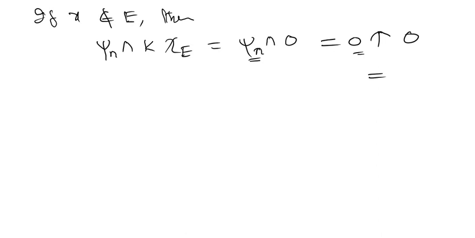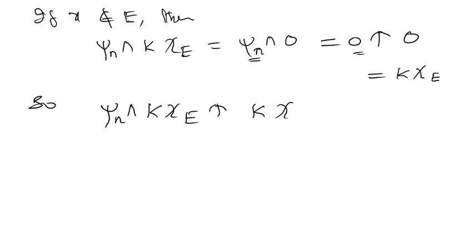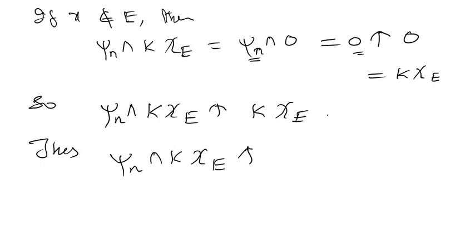And this 0 is the same as k times chi E because chi E is 0 here, x is not in E. So psi n meet k times chi E increases to k times chi E. Thus psi n meet k times chi E increases to k times chi E in every case.